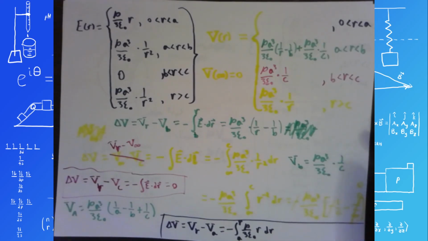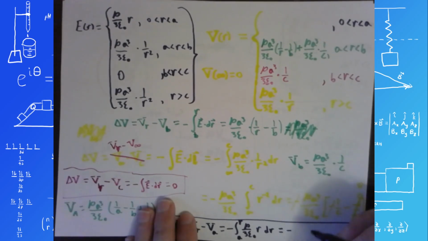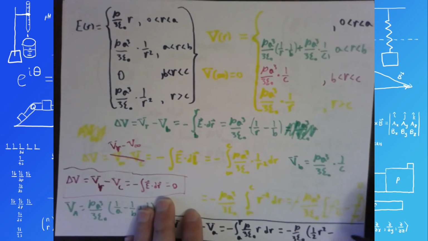Okay, integral of R is going to be 1/2 R squared, so that's going to give me negative rho over 3 epsilon naught times 1/2 R squared minus 1/2 A squared.